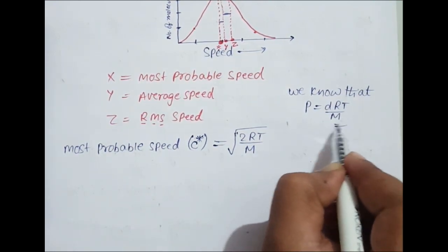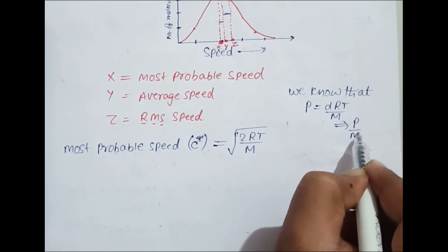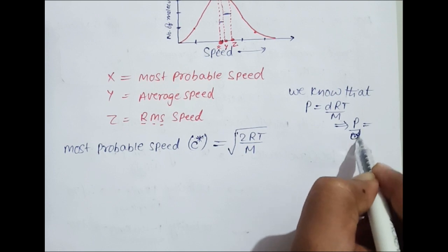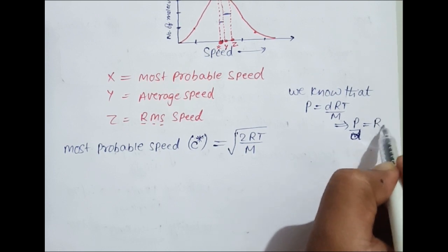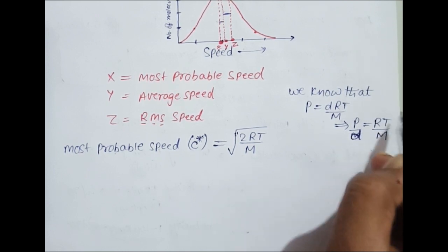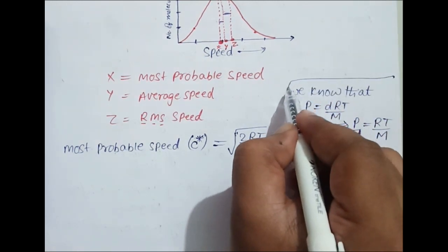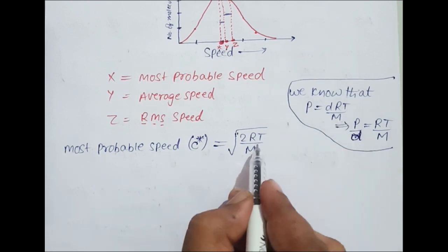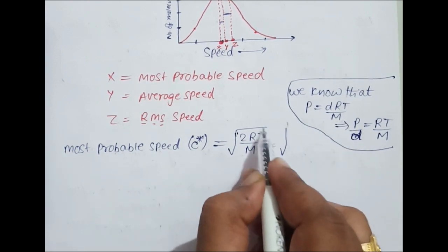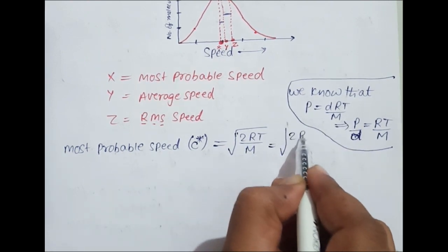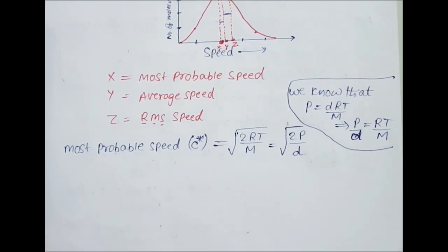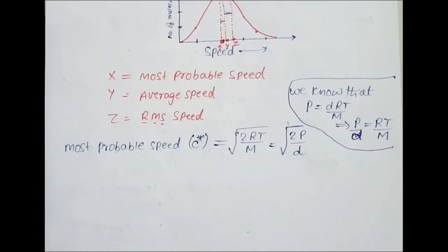P by D is equal to RT over capital M. Can we say like this? So I can put that here, and write under root 2 into pressure of the gas over density of the gas. That is the most probable speed formula.